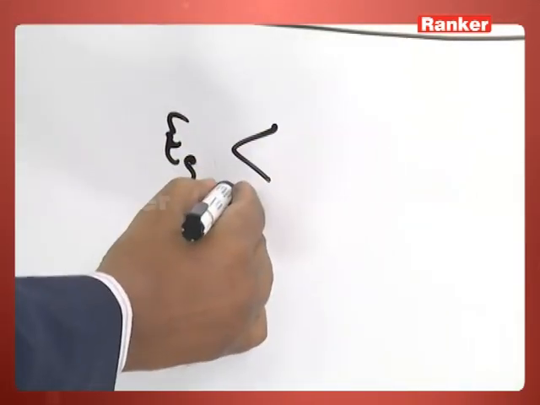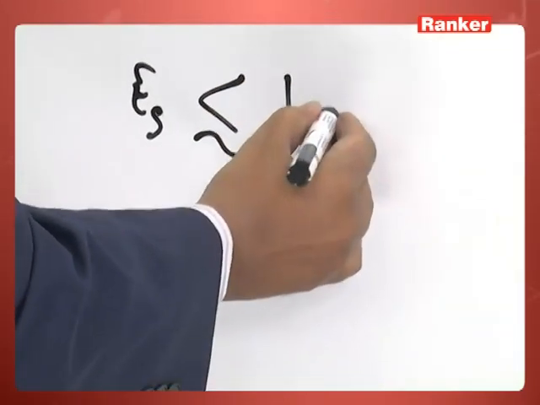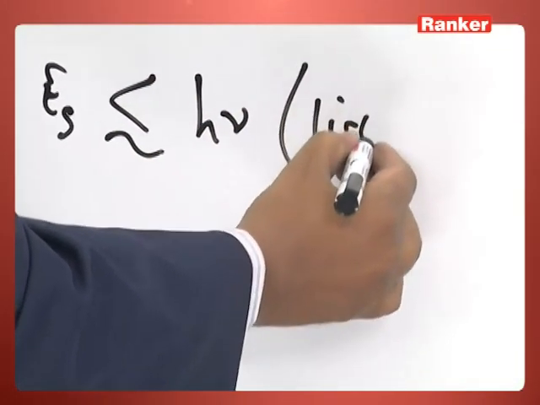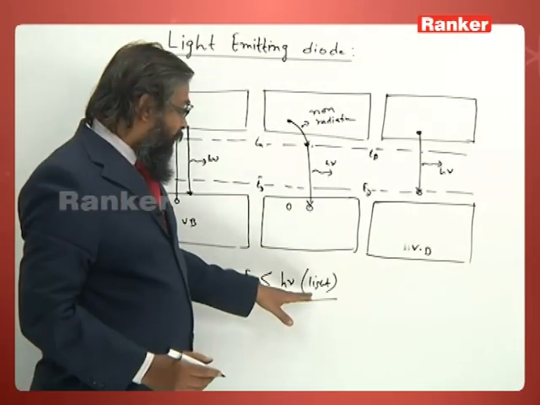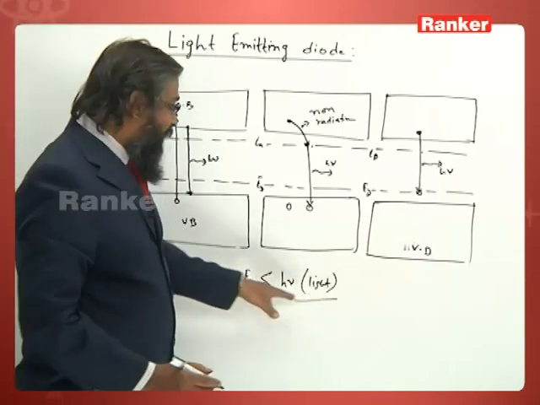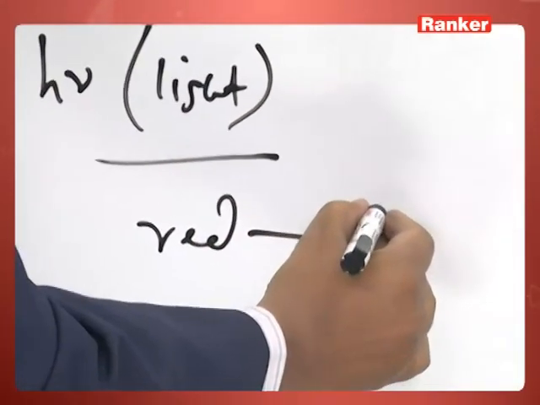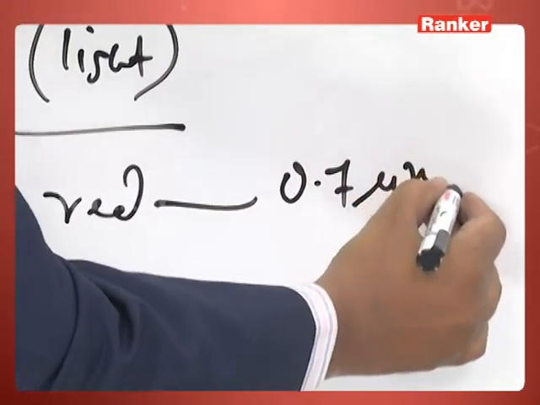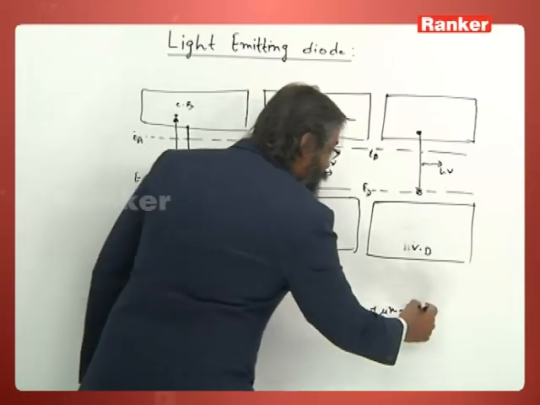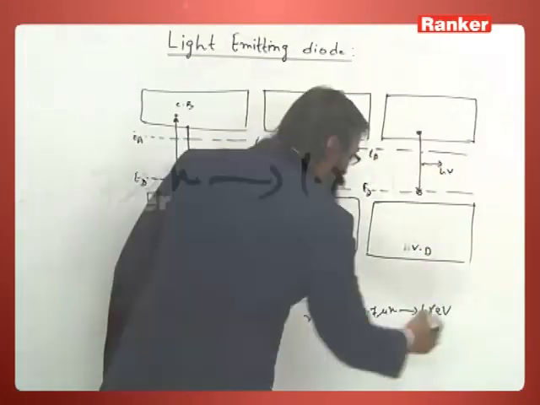What I have to keep in mind when I design is that this gap is slightly less than the photon energy, that is, the energy of the particular light which has to be emitted. Suppose red light has to be emitted. For red light the wavelength is 0.7 micrometer and the energy is nearly 1.8 electron volt.